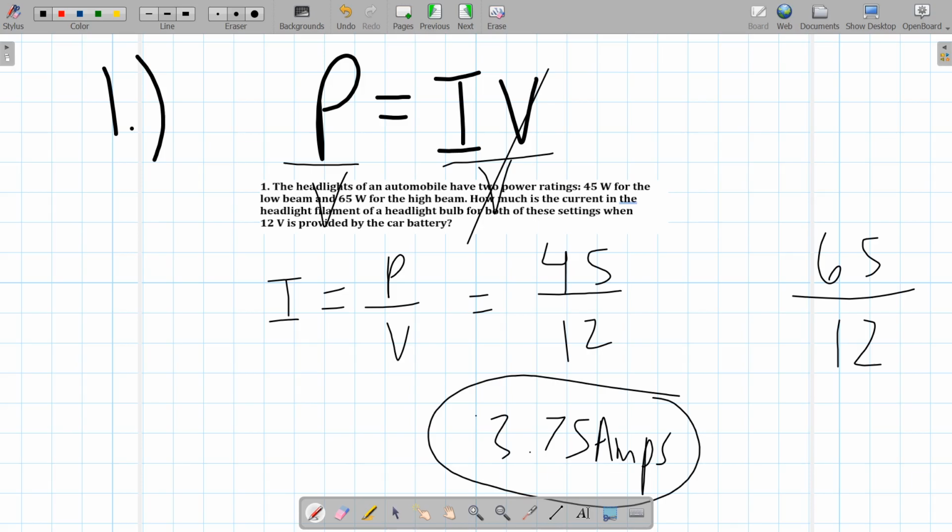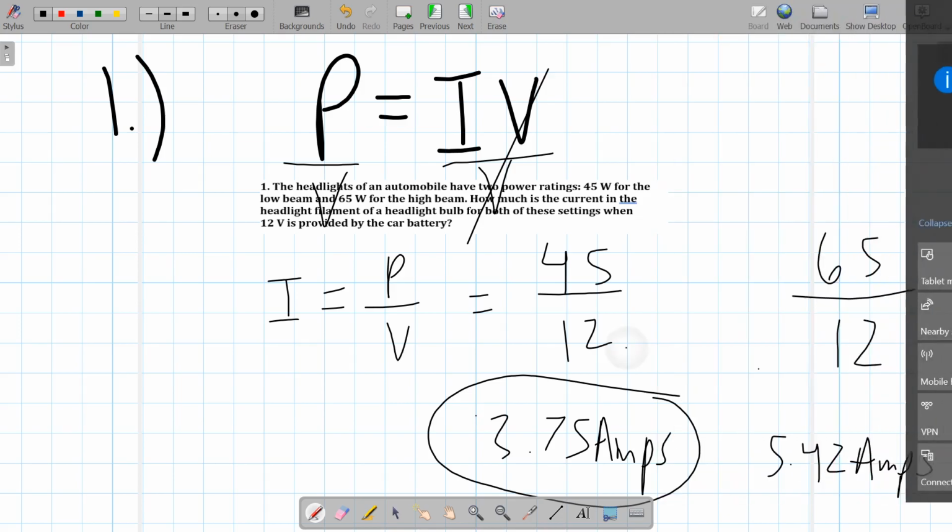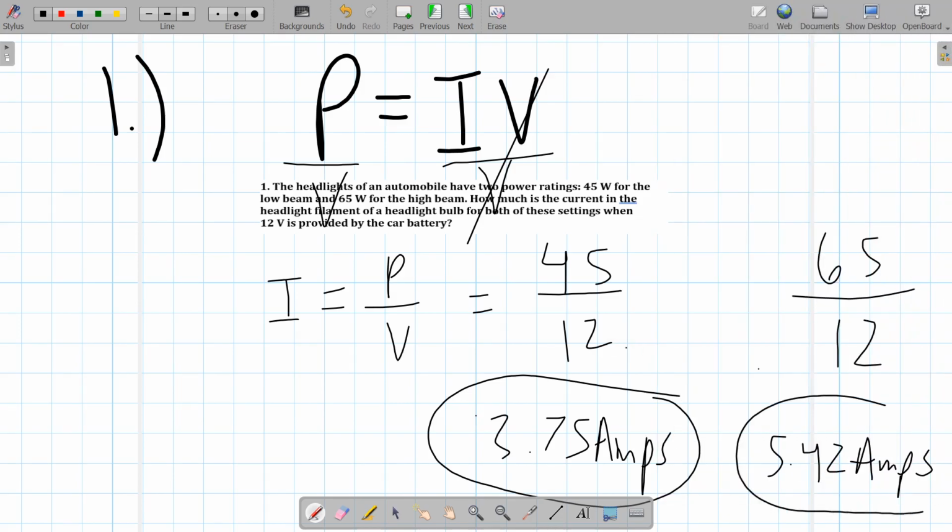And then for the second one, 65 divided by 12 gives you 5.42 amps. So that's number 1.